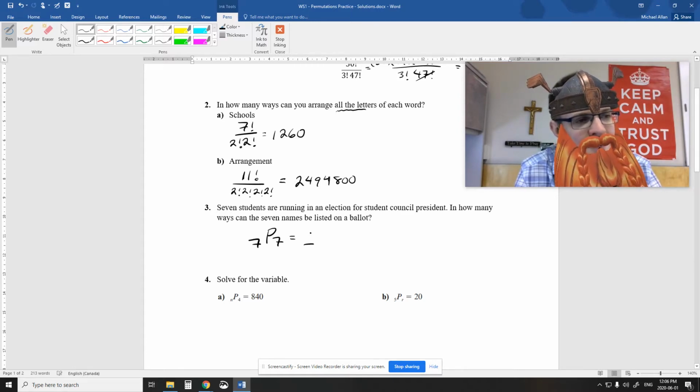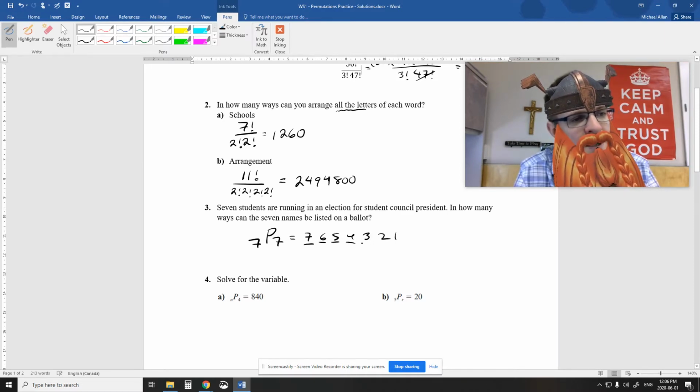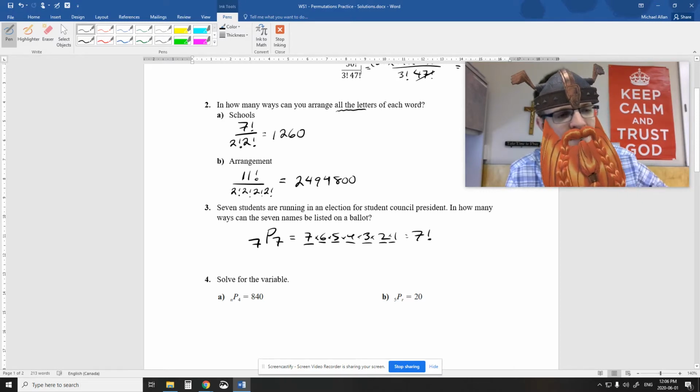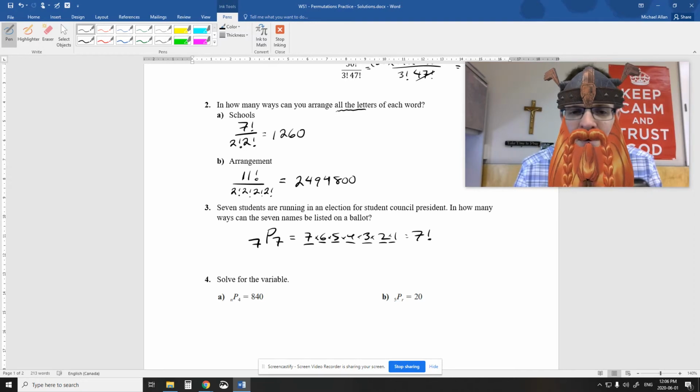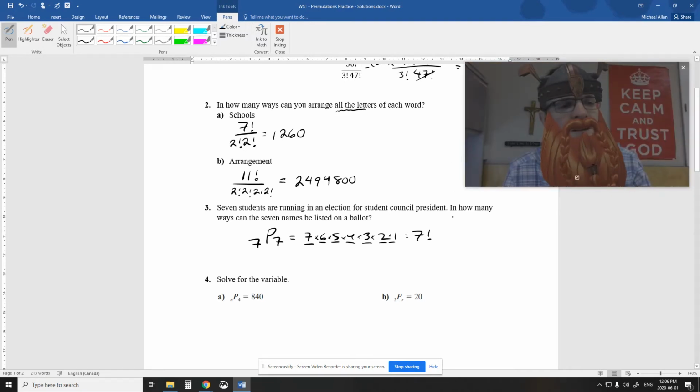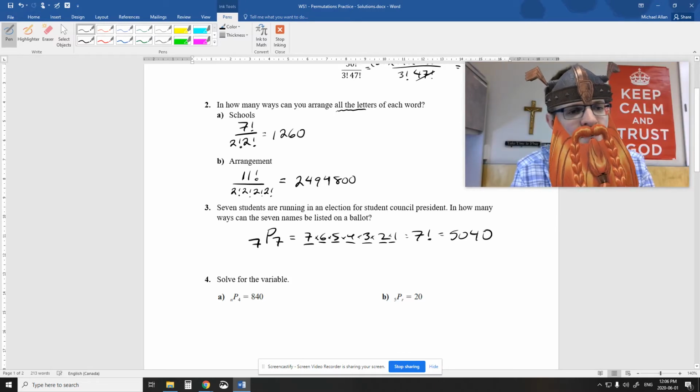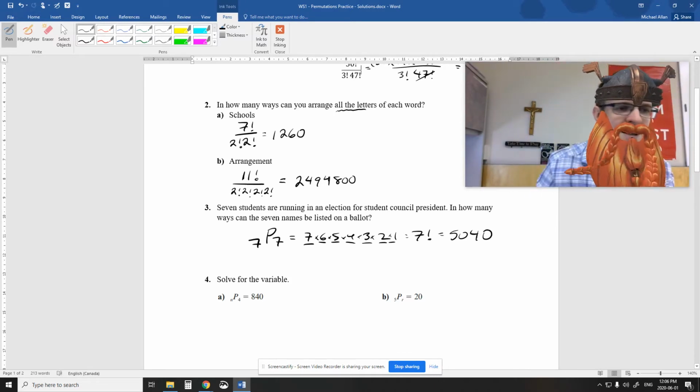This would be 7, 6, 5, 4, 3, 2, 1, all the way down, or you could say 7 factorial. There are a lot of different ways to say the same thing. So there are 5,040 different ways to arrange the 7 kids on the ballot.